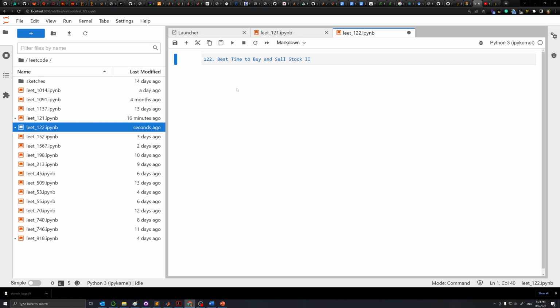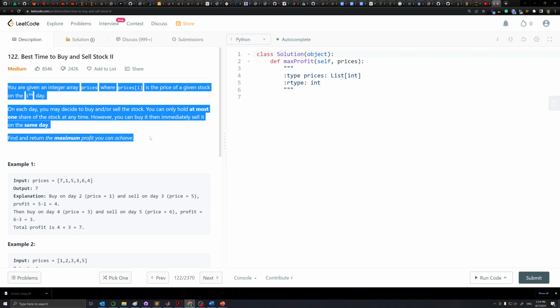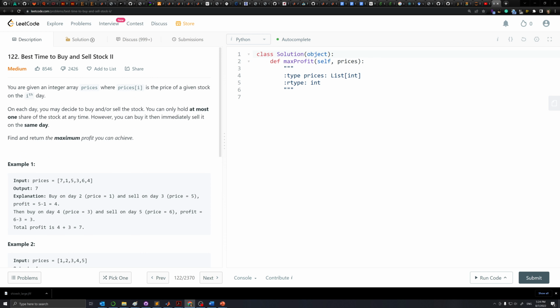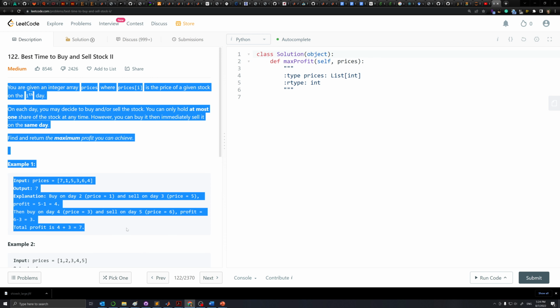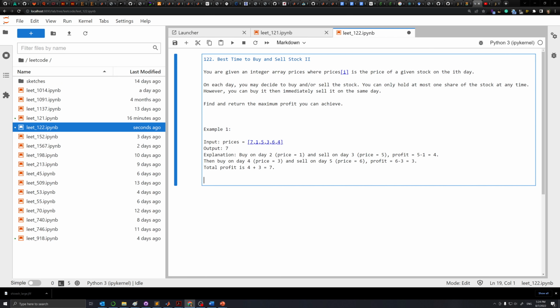Now LeetCode 122, Best Time to Buy and Sell Stock, but now the second version. And we also want to include this first example here. For some reason, the first example in a LeetCode problem is always good. The second one may not be, but the first one is usually a good one.